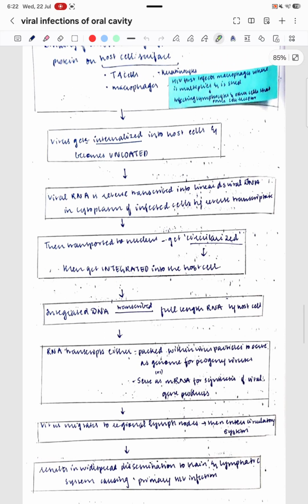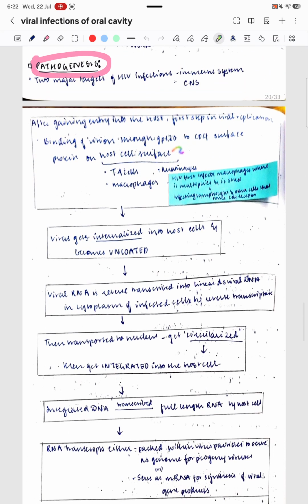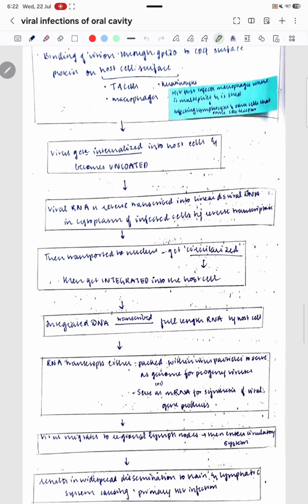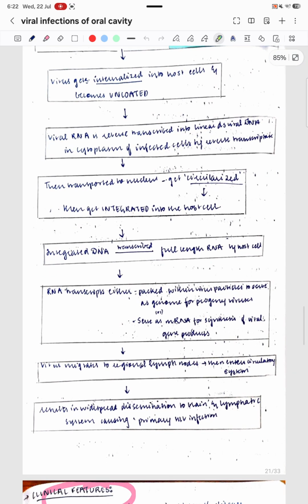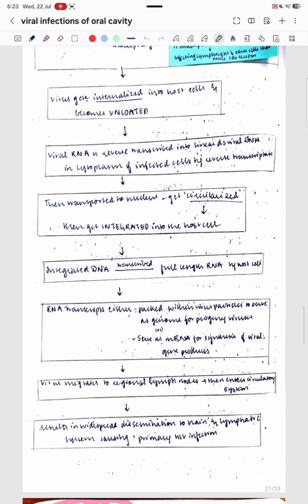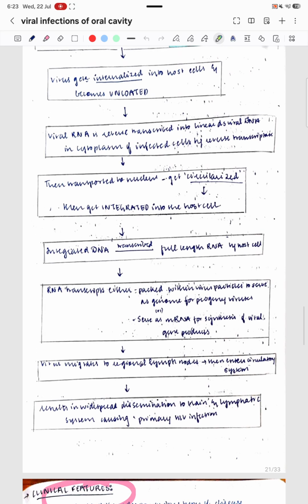Basically, the protein of the virus attaches to the CD4 cells, and there the virus gets uncoated, that is, it gets internalized, and the viral RNA is reverse transcribed into viral DNA by reverse transcriptase.